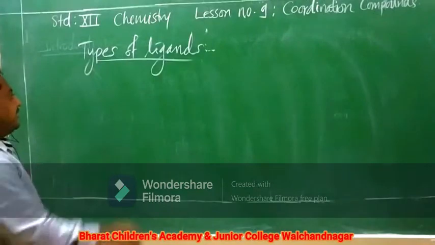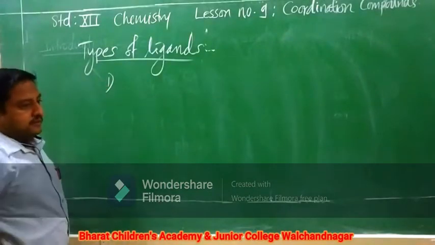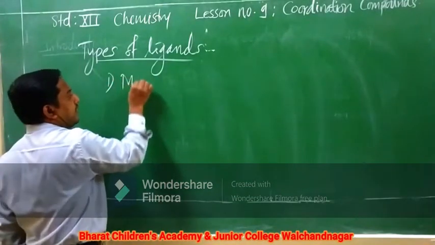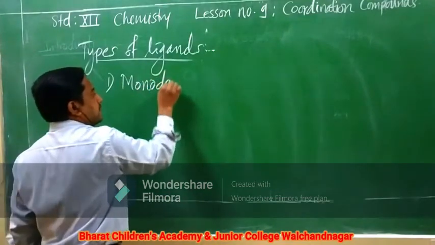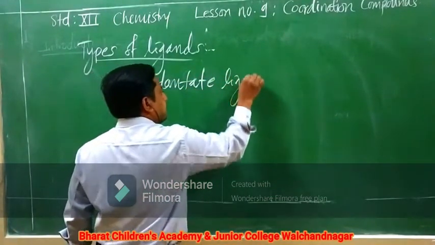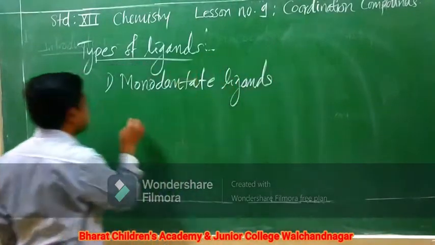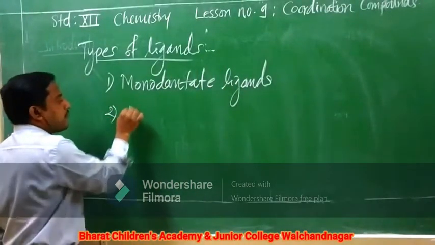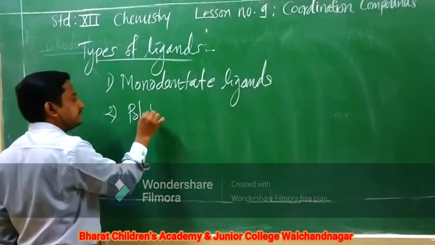Ligands can be divided into three types. Number one is monodentate ligand. Second type is polydentate ligand.